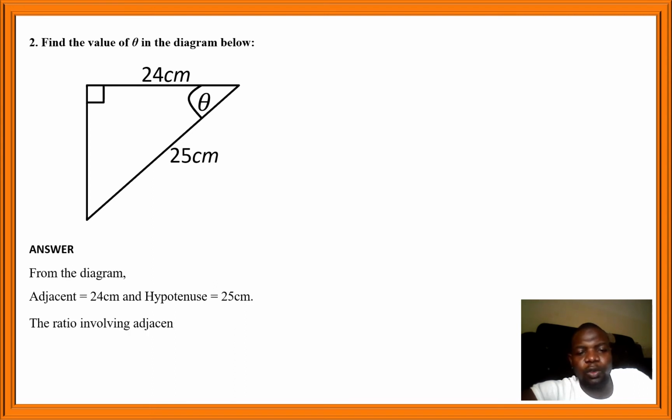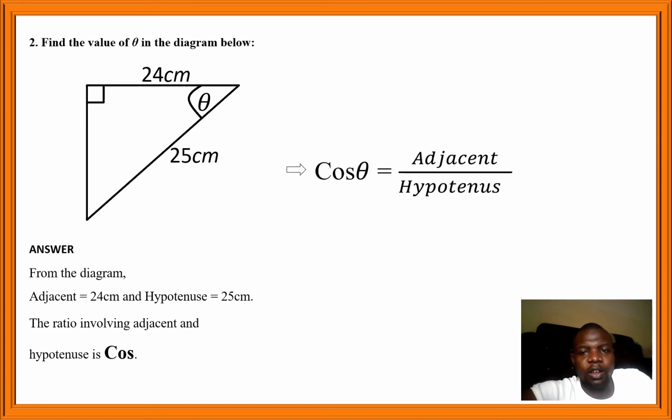So the ratio involving adjacent and hypotenuse is cos. For that matter, cos of theta will be equal to adjacent over hypotenuse, which will be equal to 24 over 25. Again, they are of the same units.